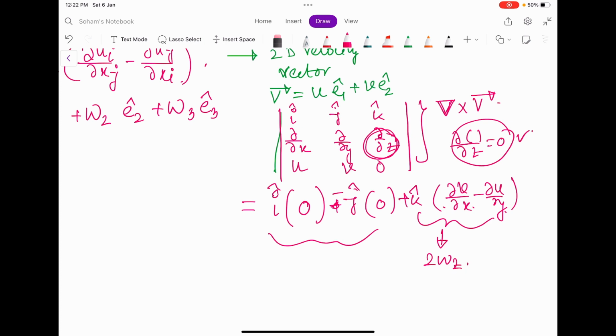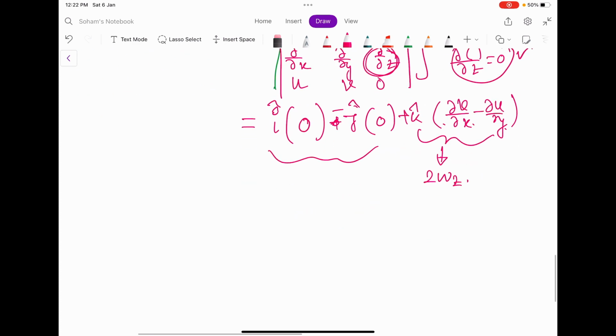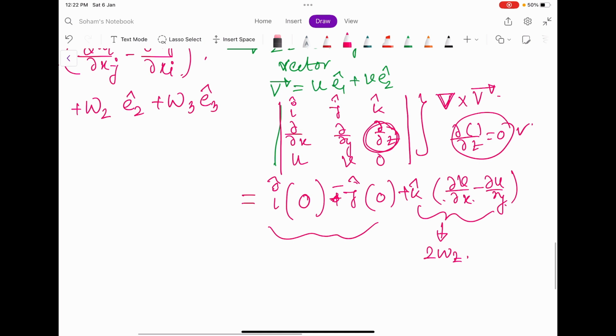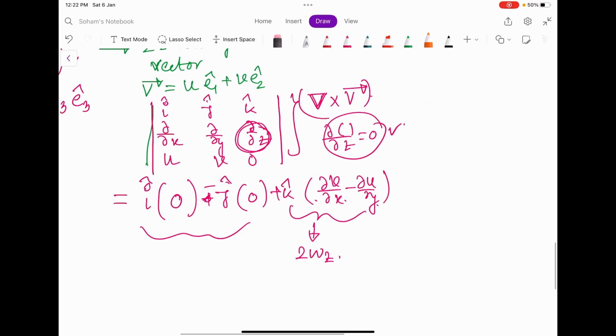Further on you will see that many 3D situations we will simulate or model as a 2D situation. This is actually the curl, and this curl of V is very important in fluid mechanics. This is called the vorticity, omega.